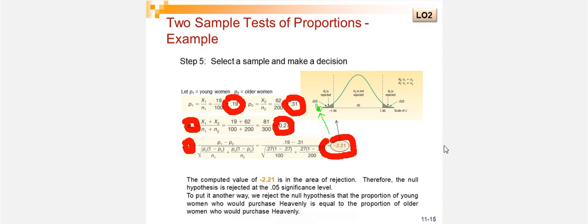Okay, what H1 say? Younger woman is not same to older. This one H1 say, hypothesis 1 say. Okay, that means younger not equal to older.